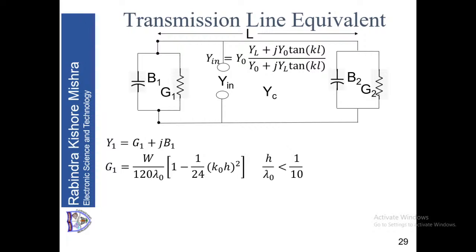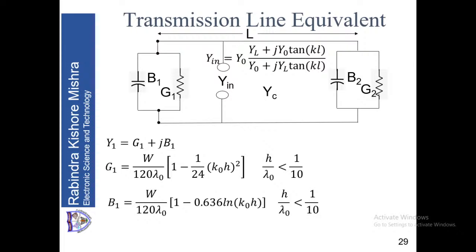Similarly, there is an expression for B1, which is W upon 120 lambda 0, into 1 minus 0.636 natural log of K0 H. This is also valid for H by lambda 0 less than 1 by 10.